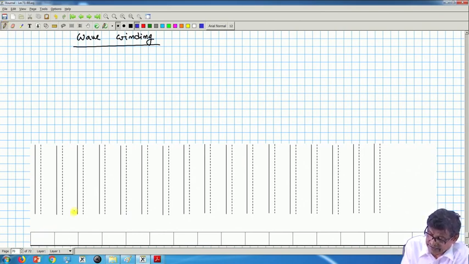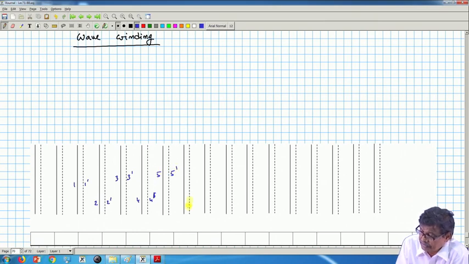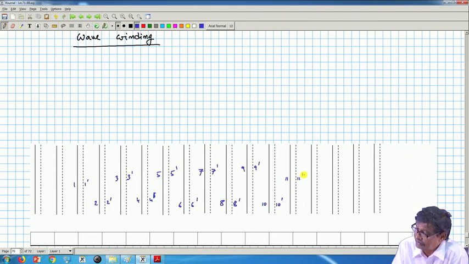I can arbitrarily number them, it does not matter: 1, 1 dashed, 2, 2 dashed, 3, 3 dashed, 4, 4 dashed, 5, 5 dashed, 6, 6 dashed, 7, 7 dashed, 8, 8 dashed, 9, 9 dashed, 10, 10 dashed, 11, 11 dashed, 12, 12 dashed.